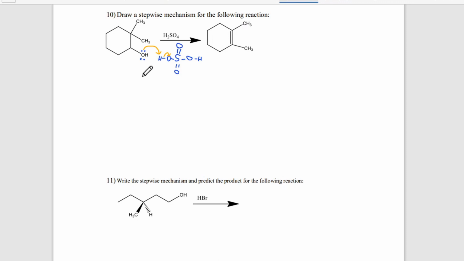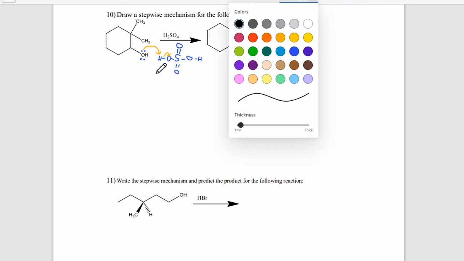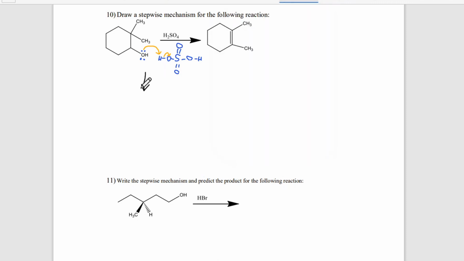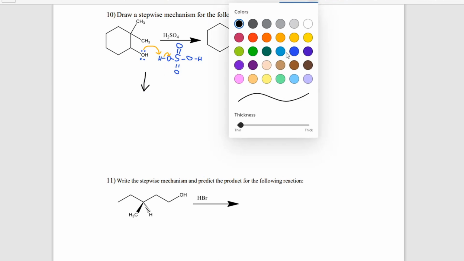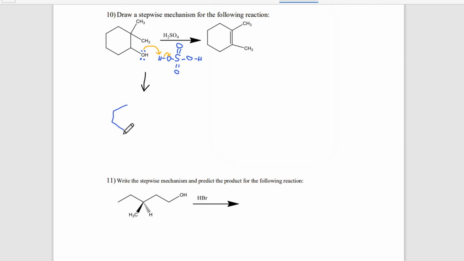And that's going to give you our first, and then I have an OH2 rather. OH2 has a positive charge on it. So what's going to happen next?